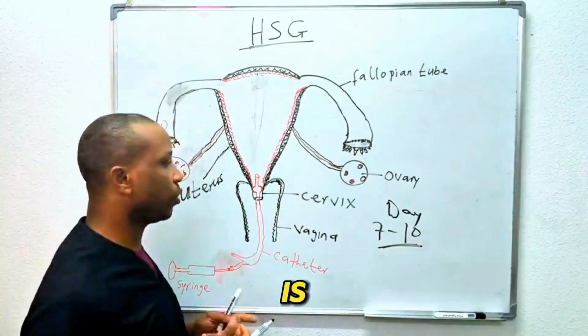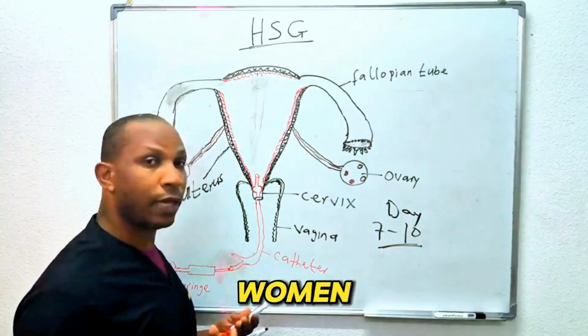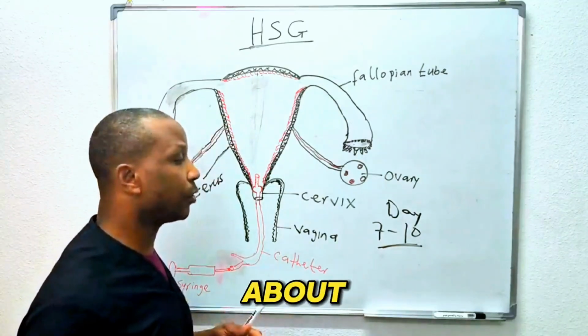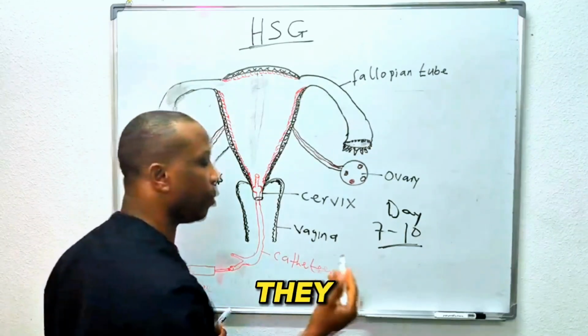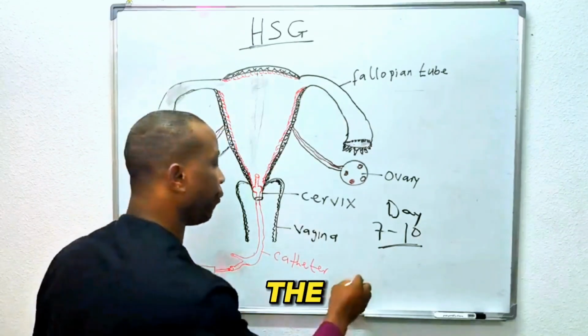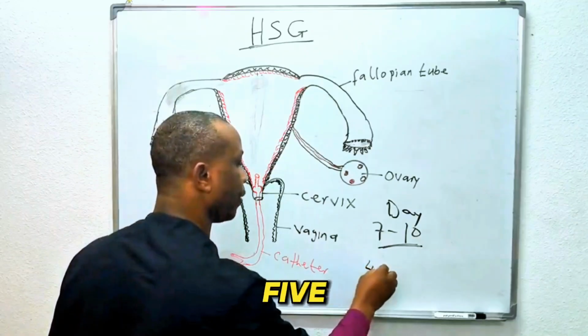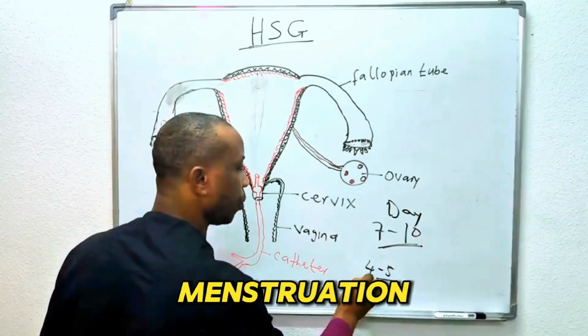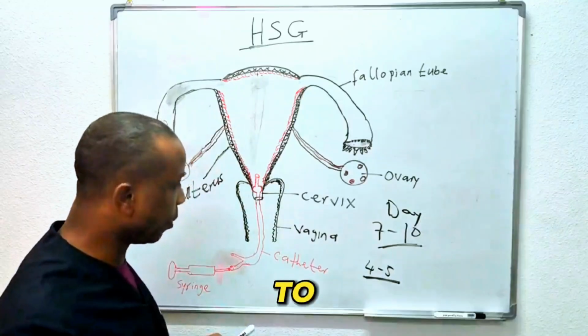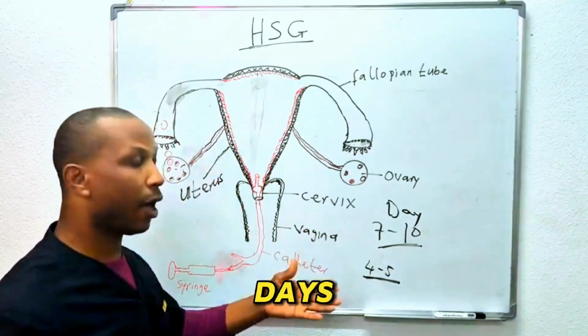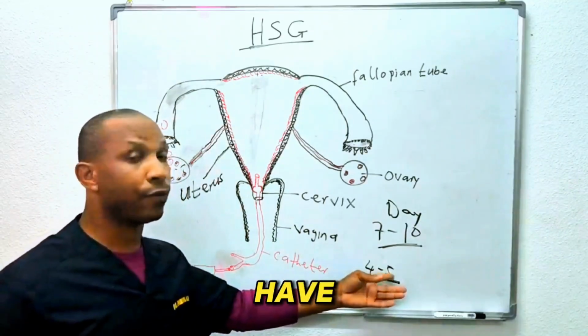All right? That is because for most women, the average menstrual cycle is about 28 days. And for such women, they will usually menstruate for the first 4 to 5 days. And that means the best time to perform HSG is a few days after the menstrual flow has stopped.